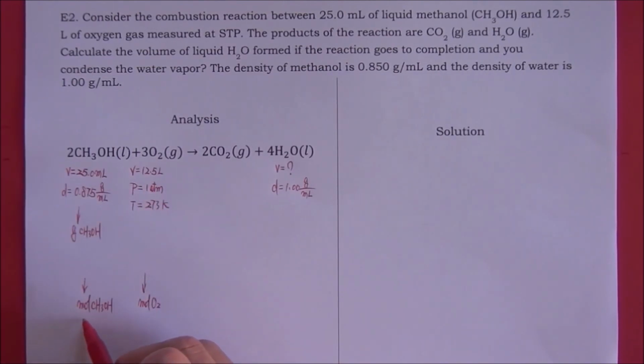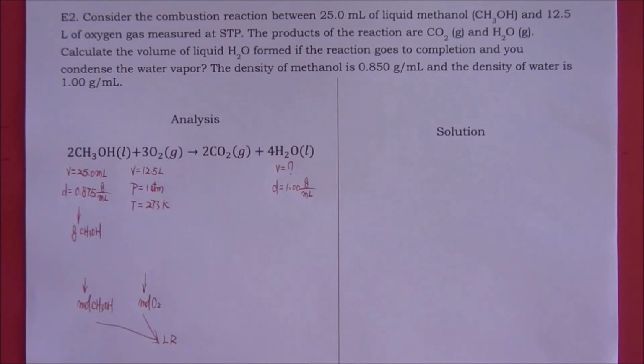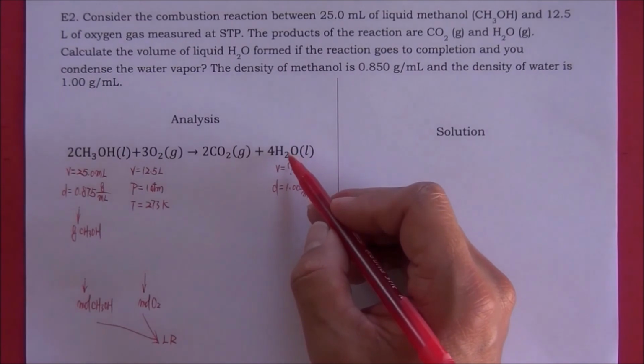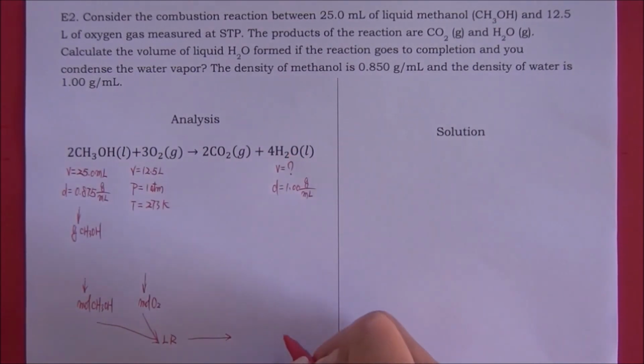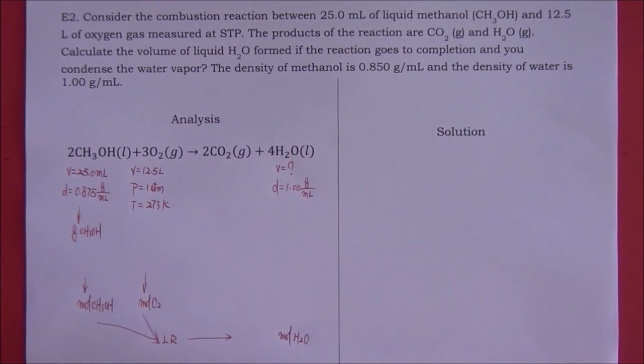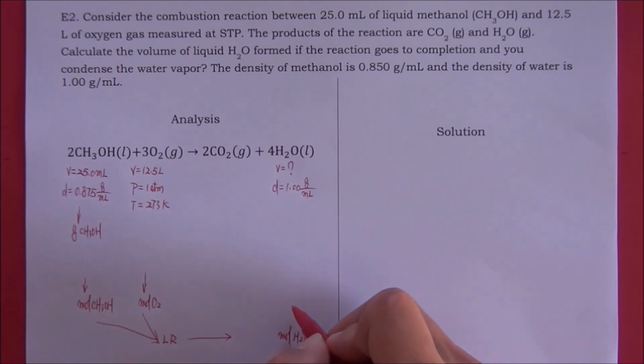And if we know the moles of two or more reactants, we can use different methods to find out which one is the limiting reactant. And if we find out which one is the limiting reactant, we can calculate the moles of products we can produce. And if we know the moles of water, we can convert to grams of water by using the molar mass of water.